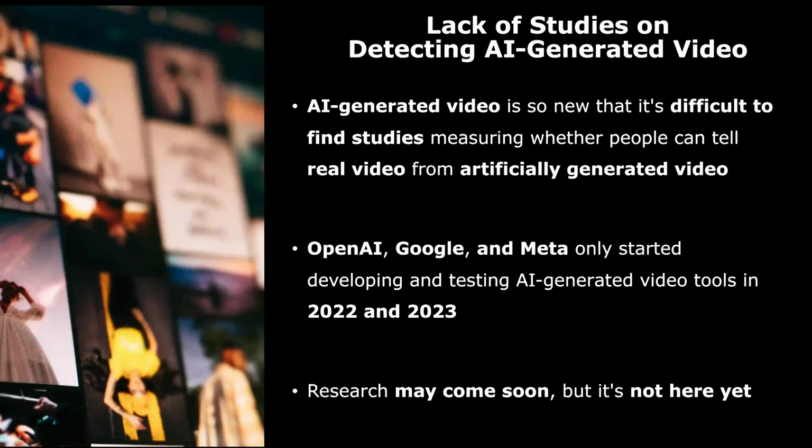Once generative models such as OpenAI's Sora become more publicly accessible, I imagine research studies on this topic will be much more common. But they're not here yet, so we'll have to wait and see just how well people can distinguish between real video and artificially generated video.